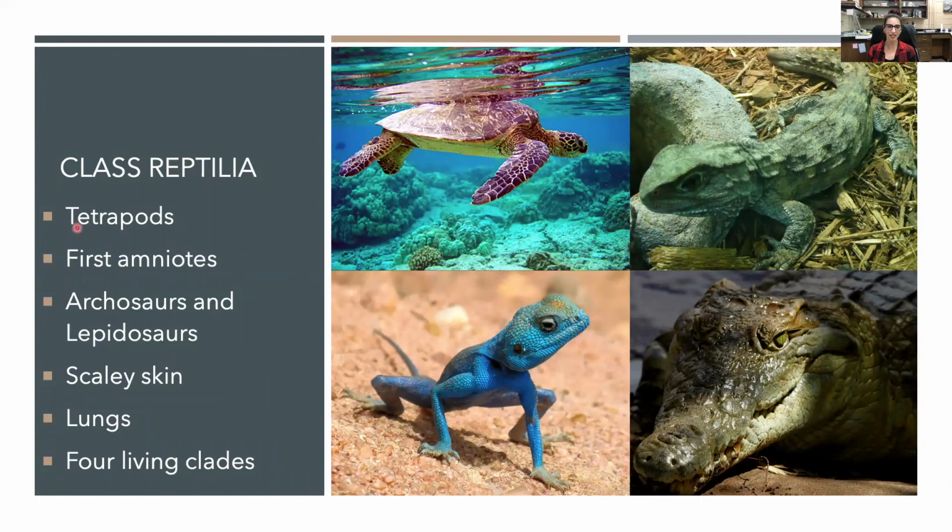These are, of course, considered to be tetrapods. They live on land, and one of the key adaptations to living on land was developing this protective scaly skin, which protects against water loss. This also means that, unlike our amphibians, our reptiles can't breathe through their skin, which means that they had to evolve lungs. As we'll talk about in the coming slides, there are 4 living groups or clades of the class Reptilia. But first, let's talk about the extinct clades.